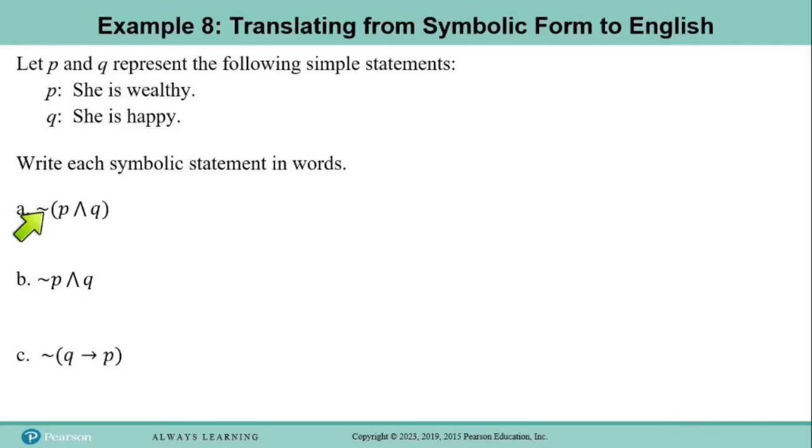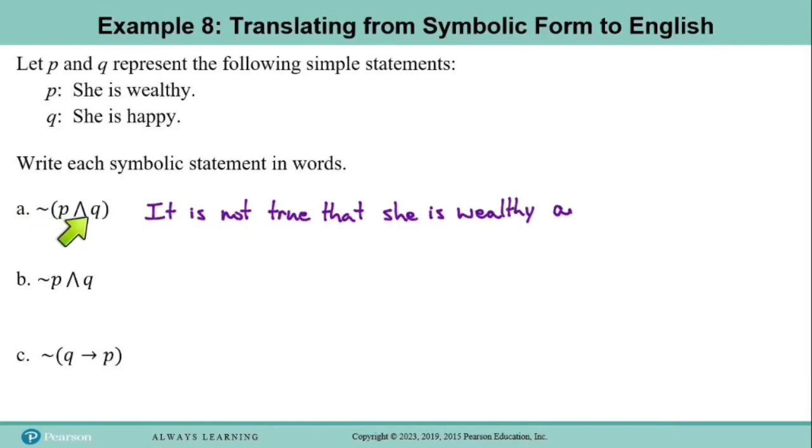So in part A, we want the negation of P and Q. So it is not true that she is wealthy and she is happy. Or you really don't have to repeat the subject here. You could just say it is not true that she is wealthy and happy.